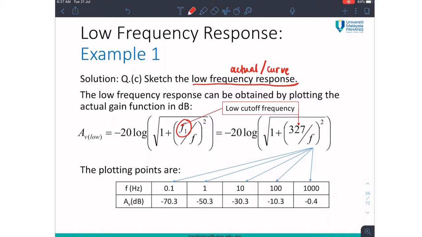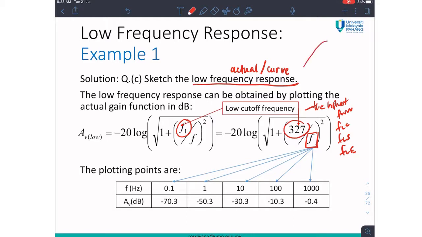For this one, you only choose one frequency, which is the cut-off frequency. The highest one from FLC, FLS, and FLE will become the cut-off frequency, and we only calculate once. So 327. Once you calculate this frequency, we take many points compared to the asymptote because we want to make a curve.